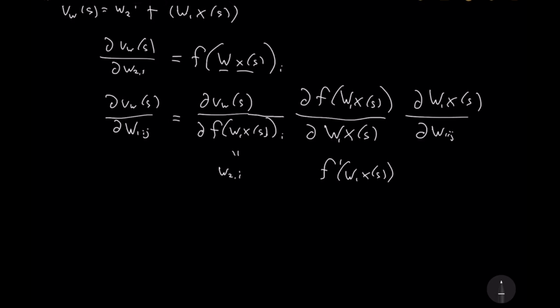And then this last bit, the weight matrix times the feature vector by that one element, will simply be the feature vector indexed at that one element. So these are all just numbers now.